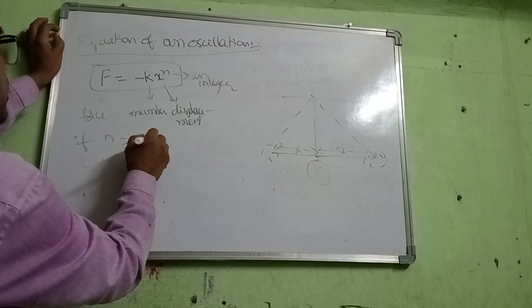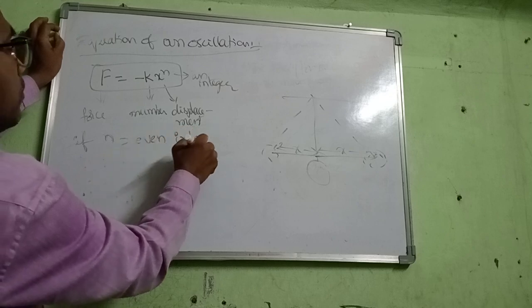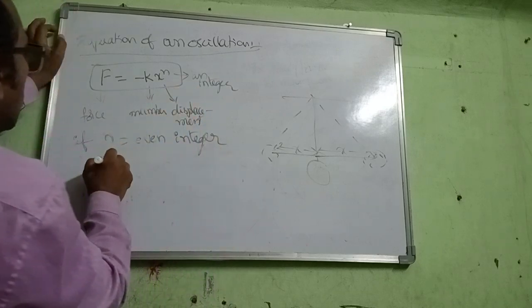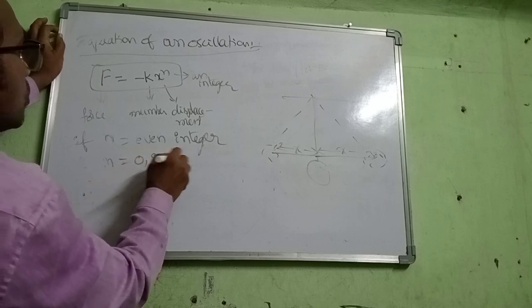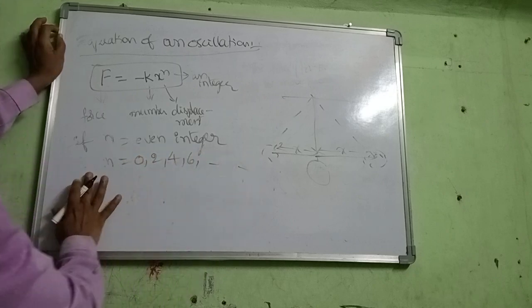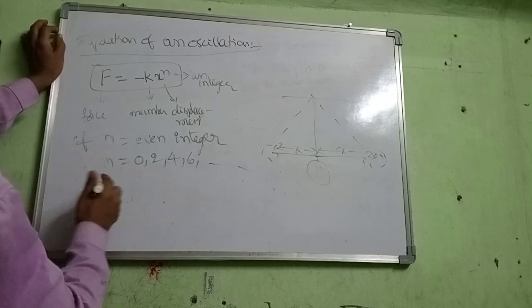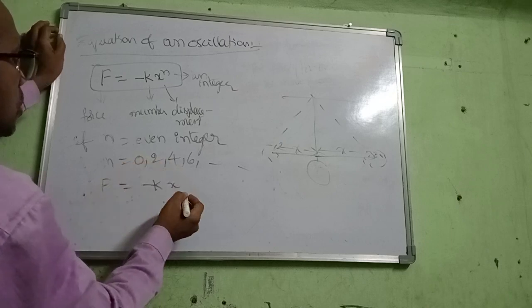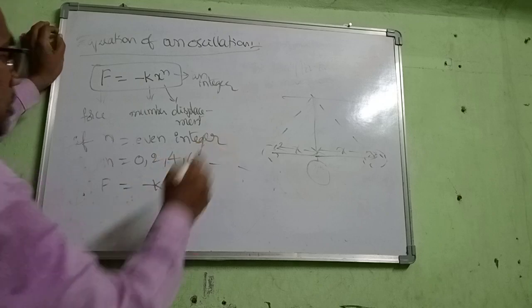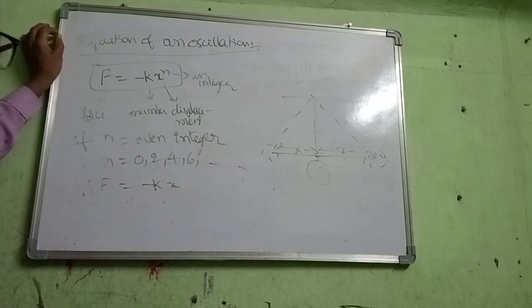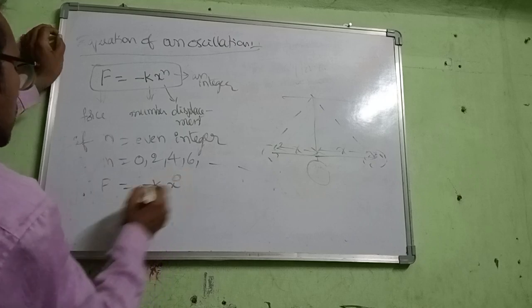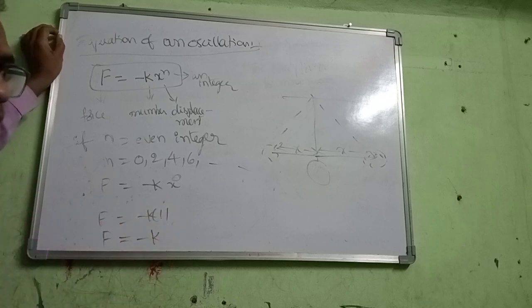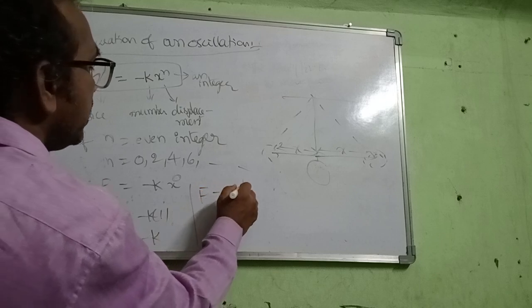If n equals an even integer, meaning n equals 0, 2, 4, 6 and so on, what will happen in this case? The equation becomes F equal to minus k into x power 0, x square, x power 4. So x is always positive in this case. Example: F equal to minus k into x power 0, that is F equal to minus k. Second example, F equal to minus k into x power 2.